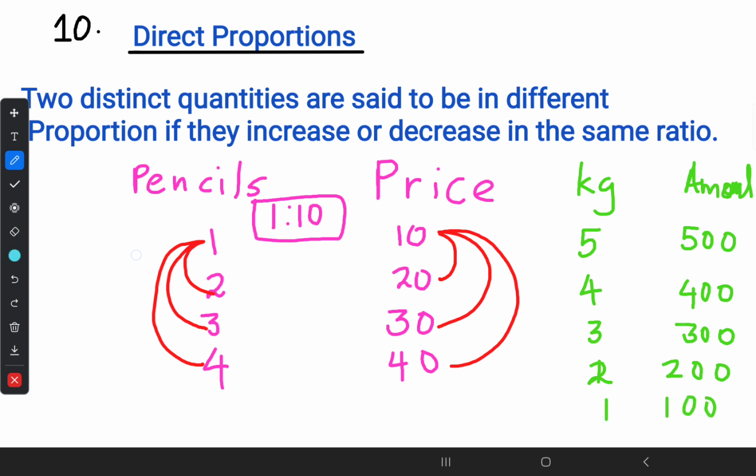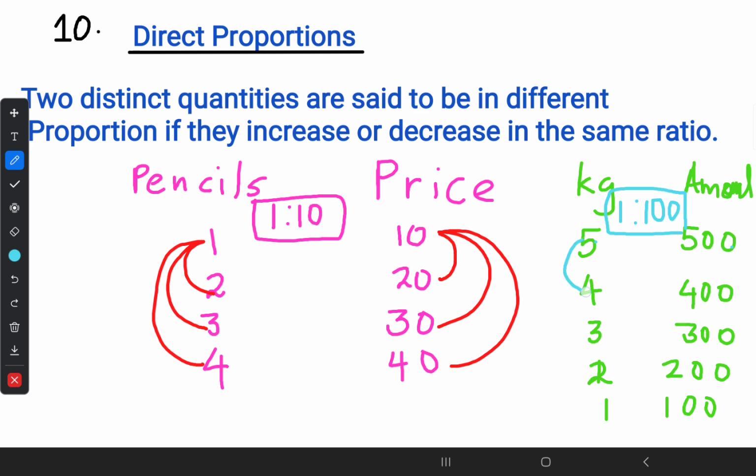This is not the same kind of example as the previous one. Here it decreases. We know the initial ratio between them. The ratio between them, 5 is to 500, in the simplest way when you write that, would be 1 is to 100. That is the simplest ratio between kilograms and the amount we need to pay. If you are going to buy 5 kilograms, you should pay 500 rupees.